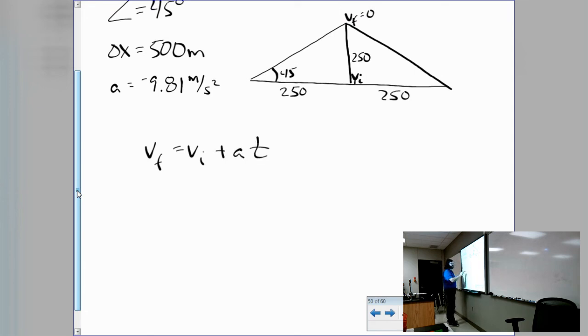The velocity initial, we don't know. The velocity final, we know is 0. The acceleration is negative 9.81. Sorry, we can't use this one because we don't have the time.